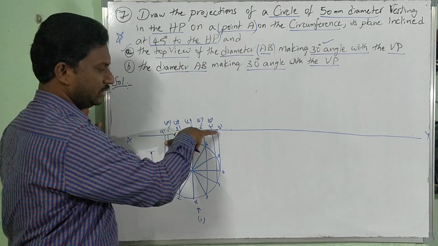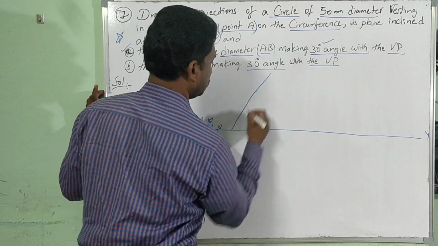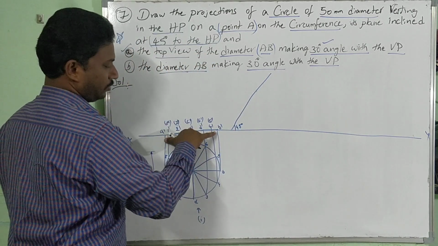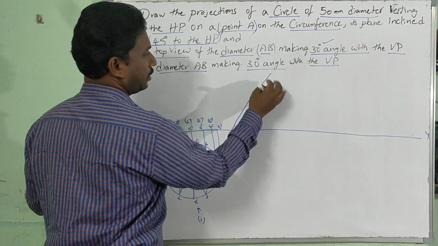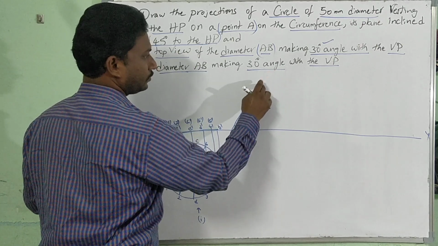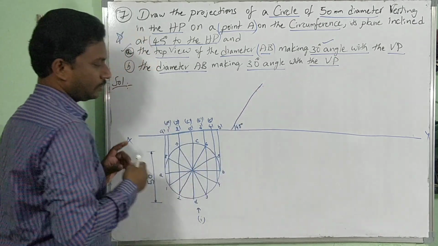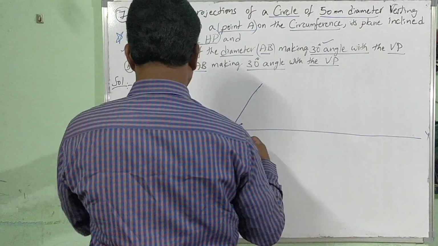Now, you know this, it's 50 diameter. So at 45 degrees, draw the 50 mm diameter. Whatever this length is, that length is supposed to be drawn. The same length I have to measure.